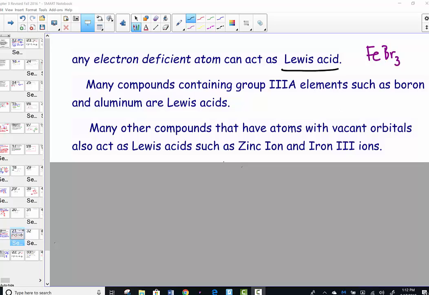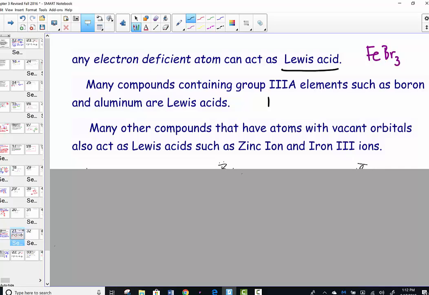Okay, thank you. Any electron deficient atom can act as a Lewis acid. Electron deficient Lewis acid. And many compounds that contain group 3A elements, and what does that mean? That could be boron and aluminum, which are group 3A. They're very electron deficient, and they make very good Lewis acids.